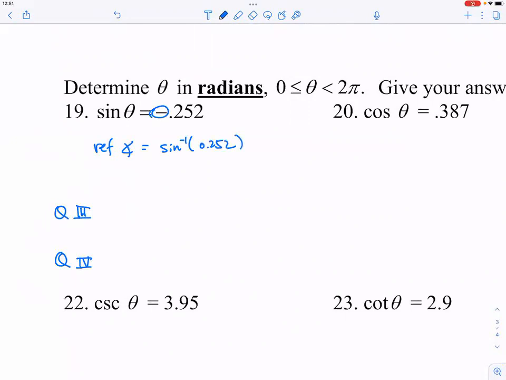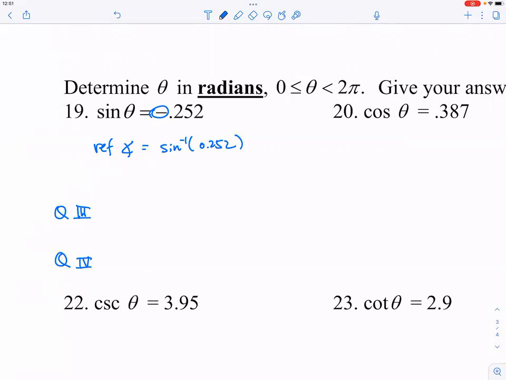So make sure you change your mode to radian mode. If not, you would likely get a huge number. And again, we don't put the negative right here because the negative has already served its purpose. It told us about the quadrants. So we're looking at the ratio because we just want to figure out what the theta is.